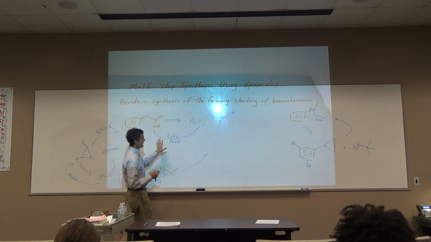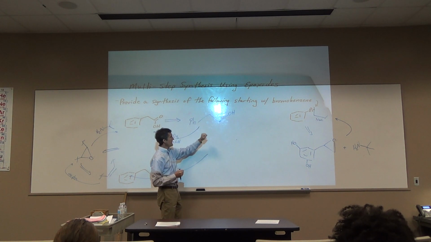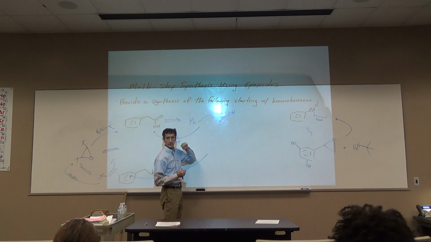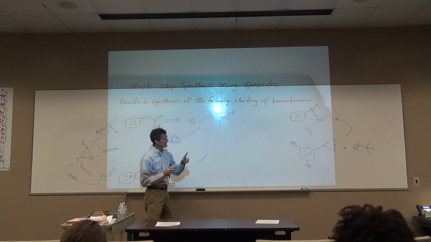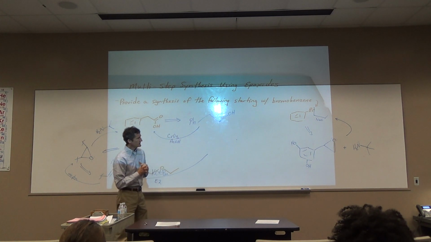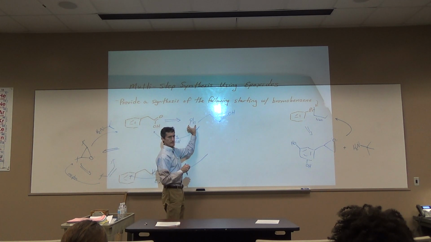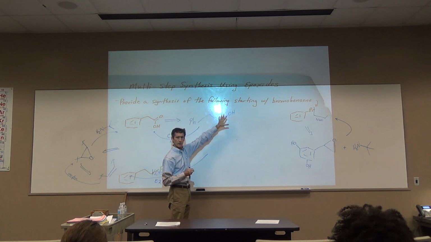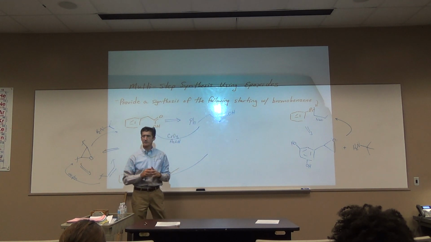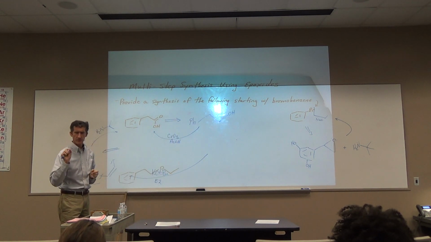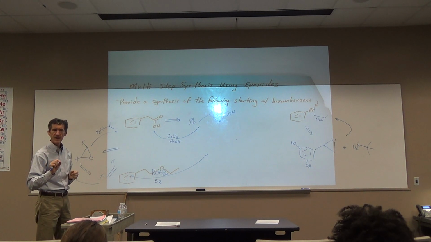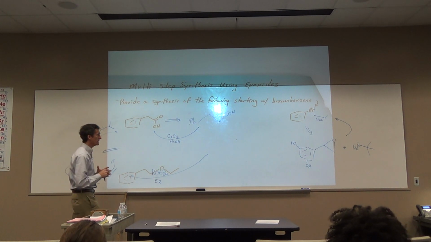Now, we know if we had this, we can make the product. Now the question becomes, how do you make this? How do you want to make this? Keep in mind that we have to come from just benzene. Carbon-carbon OH. I identified a carbon-carbon OH, which is very important because if you can identify that, you know you can do an epoxide reaction.